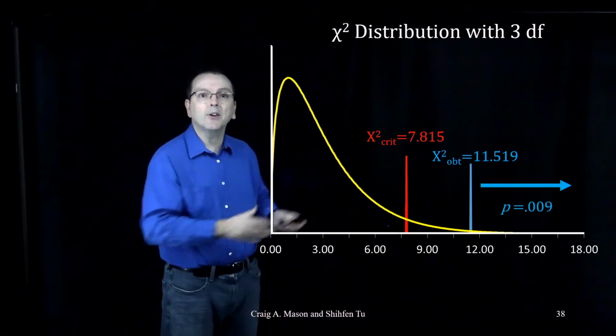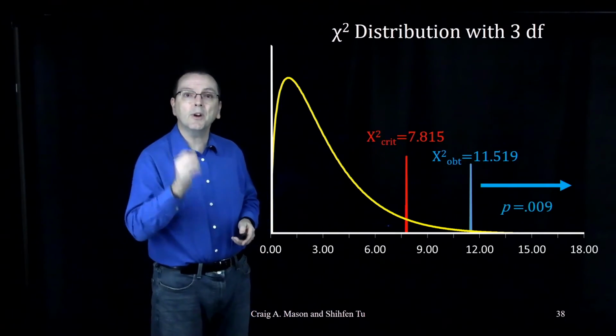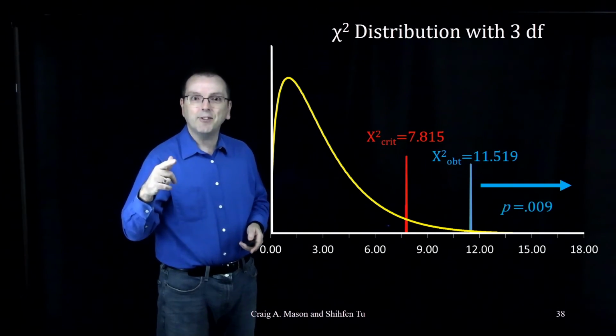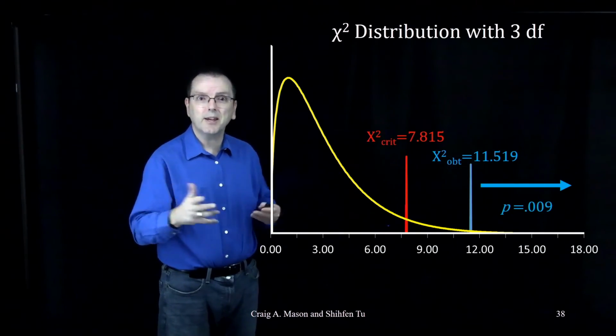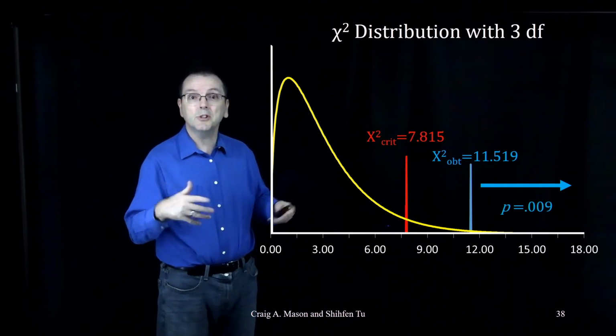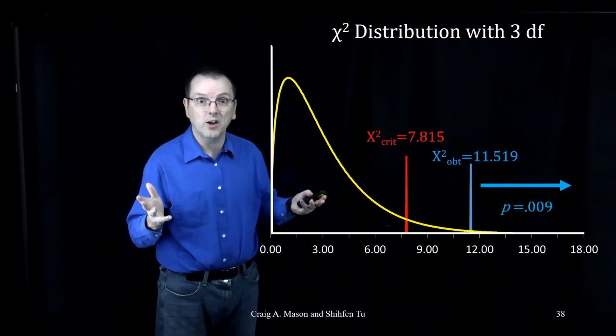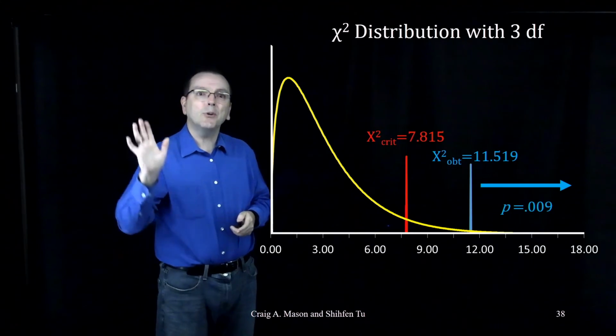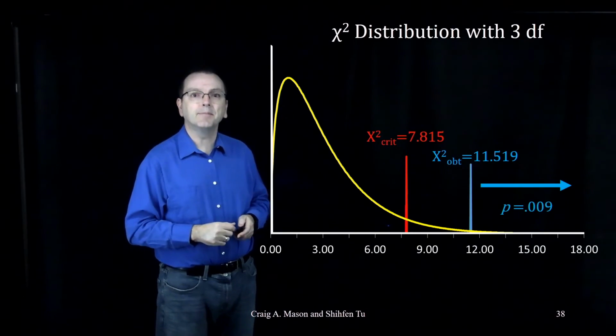Our p-value is 0.009, which is less than our alpha of 0.05. So again, it's consistent with the conclusion that we would reject the null hypothesis. Excellent.